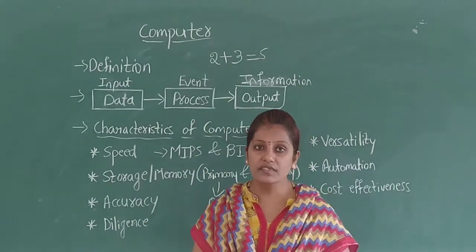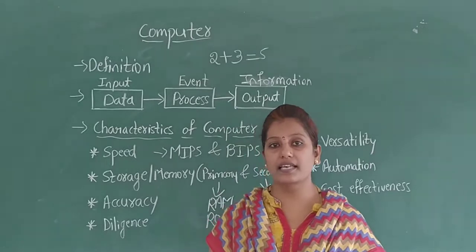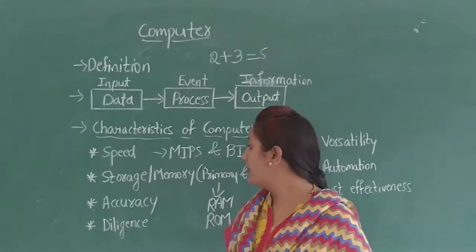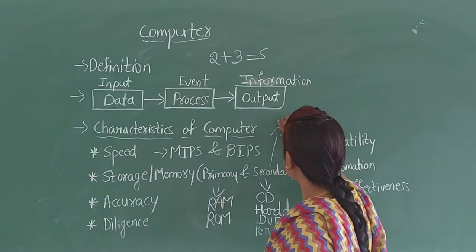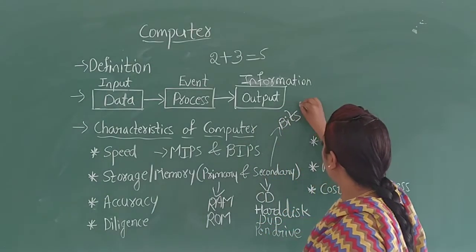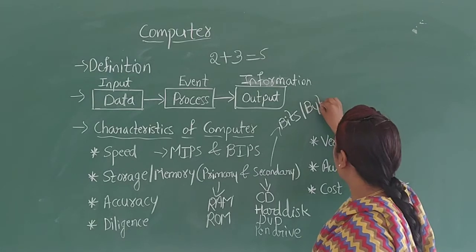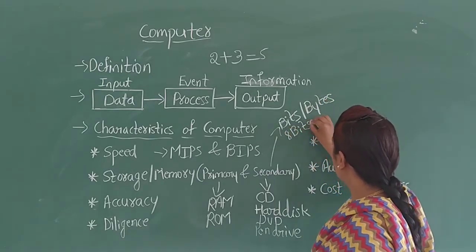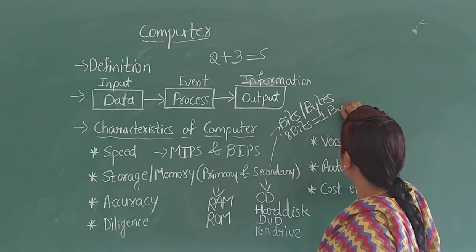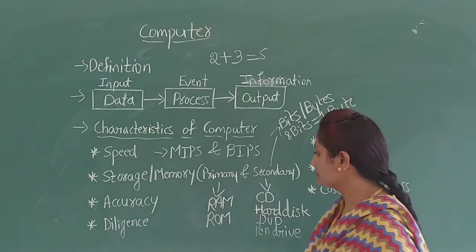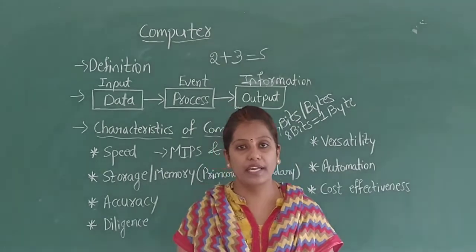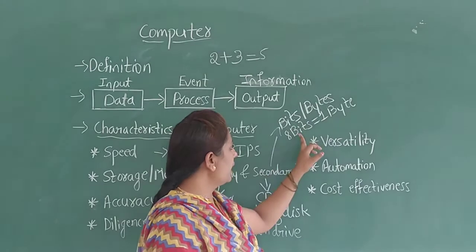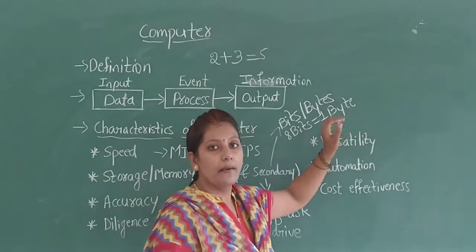Computer memory devices are measured in terms of bits or bytes. 8 bits is equal to 1 byte.